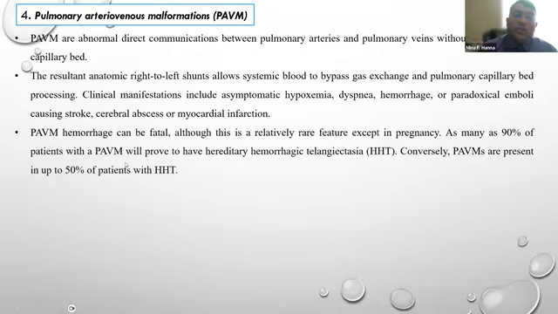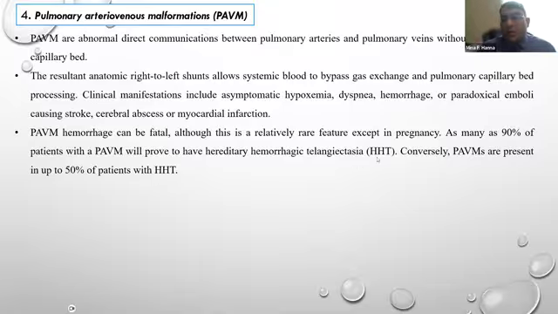Pulmonary arteriovenous malformation hemorrhage can be fatal, okay, although it is relatively rare. As many as 90% of those cases will prove to have hereditary hemorrhagic telangiectasia, and conversely, they are present in up to 50% of patients with hereditary hemorrhagic telangiectasia. So a patient with hereditary hemorrhagic telangiectasia will have up to 50% chance of having PAVM, and PAVM is commonly found in hereditary hemorrhagic telangiectasia.